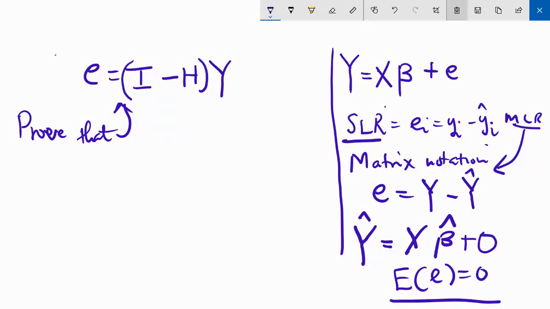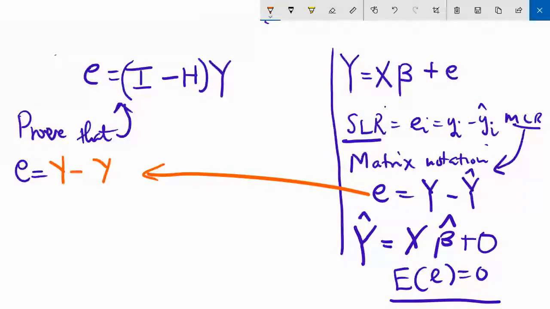So what you will do, guys, you start from this part here. E is y minus y hat. You know that y hat is given by Xb.